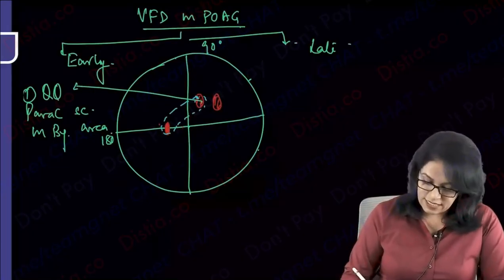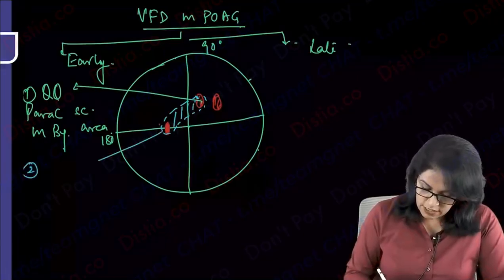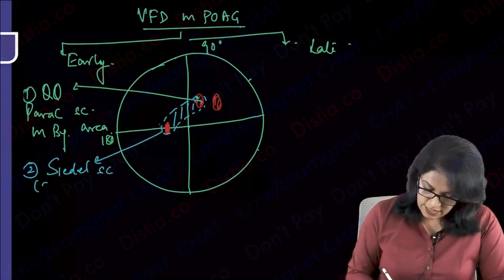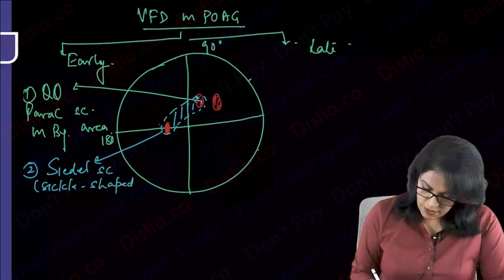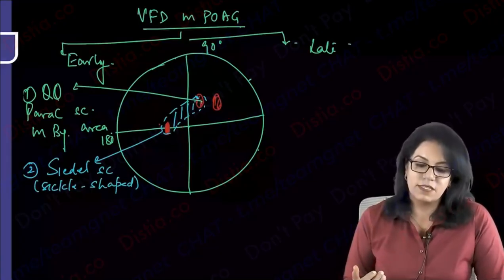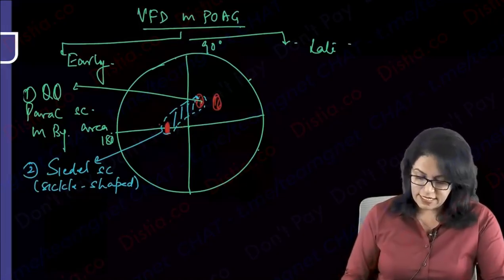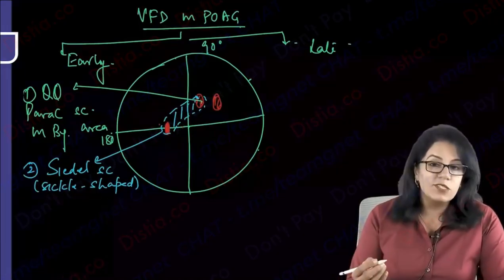So this is sickle shaped, which we call Seidel scotoma. This is another early change, Seidel scotoma. Write down, this is your sickle shaped scotoma. And this sickle shaped scotoma is where the paracentral scotoma joins the blind spot. This is your sickle shaped scotoma. And what will be the next? You will know what will happen next slowly.